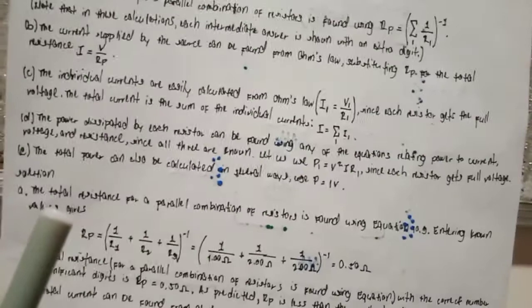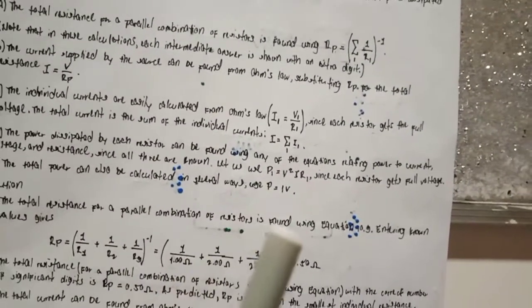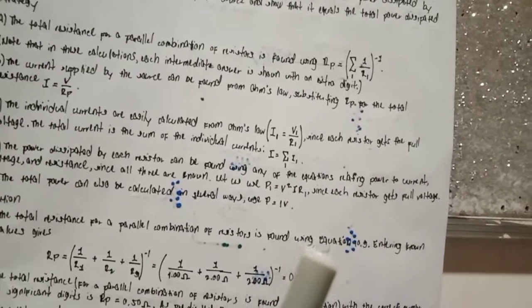Solution. A. The total resistance for a parallel combination of resistors is found using equation 10.3.